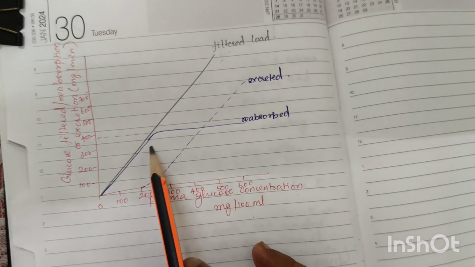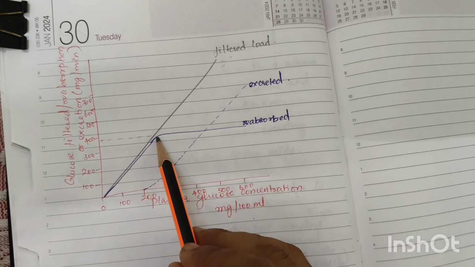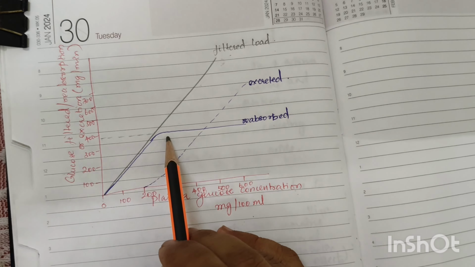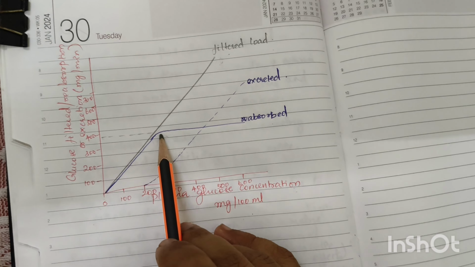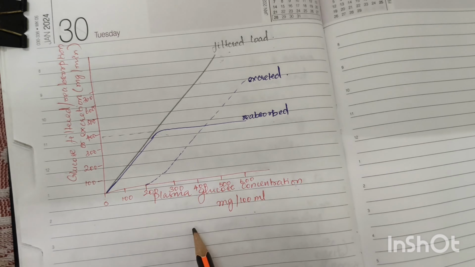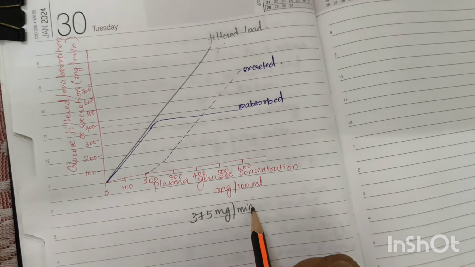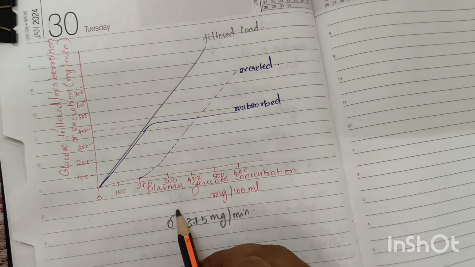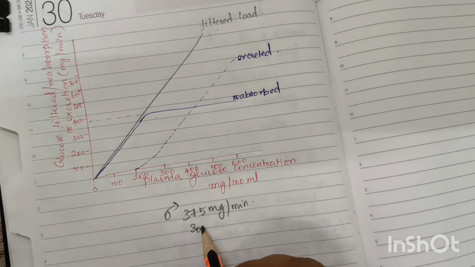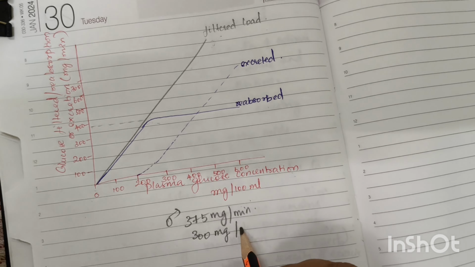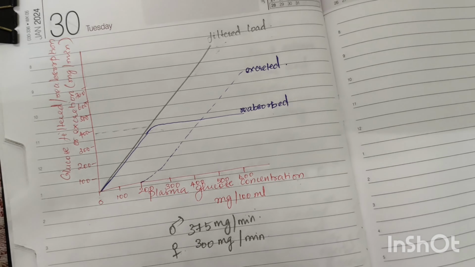But if you take the amount that is reabsorbed, reabsorption happens till it reaches the transport maximum. The transport maximum for glucose is 375 milligram per minute in case of males, and it is around 300 milligram per minute in case of females.